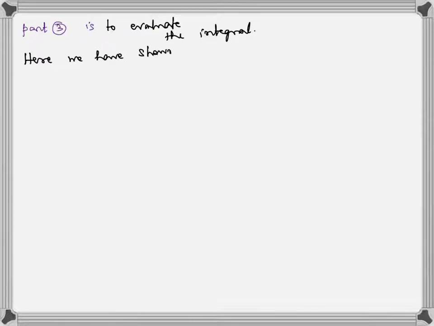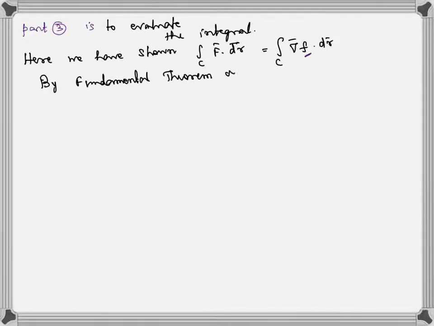Here we have shown that the integral over C of F dot dr is equal to the integral of del f dot dr, where lowercase f is the potential function. Then by the fundamental theorem for line integrals, this becomes the potential function at the terminal point minus the potential function at the initial point.